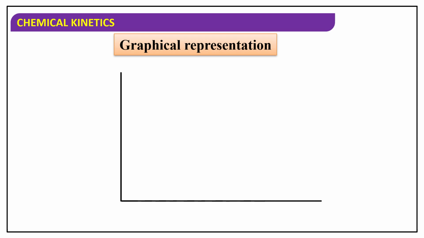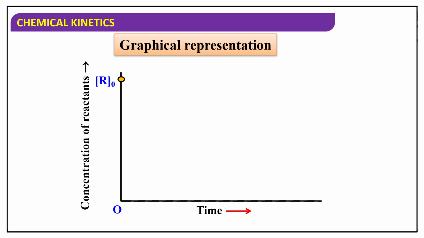Now the graphical representation. Concentration of reactant is put on the y-axis and time taken on the x-axis. In any reaction, the reactant decreases with time. At zero time, the concentration of reactant is R naught, the maximum concentration.